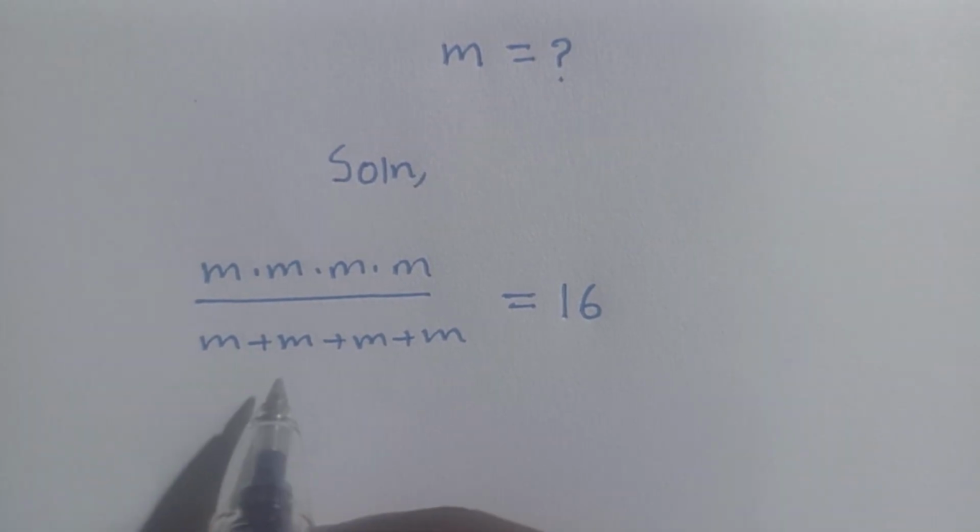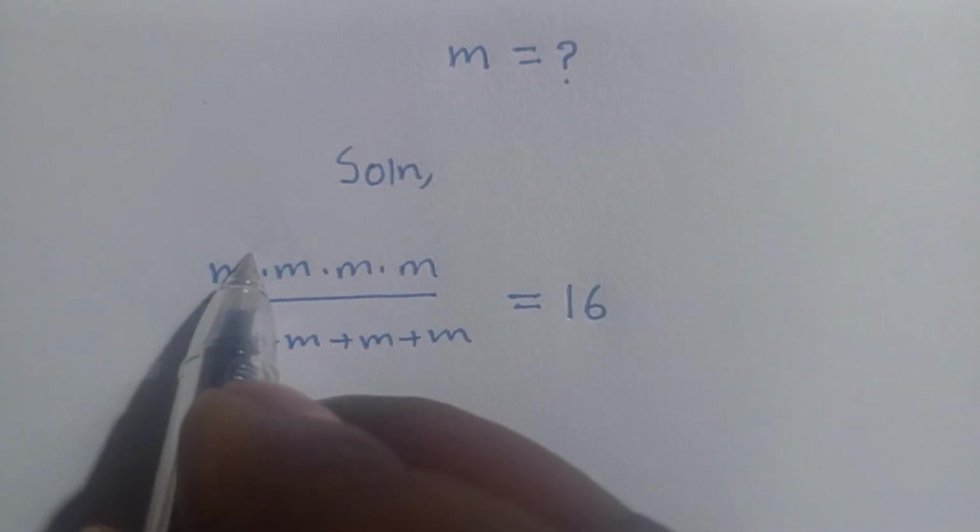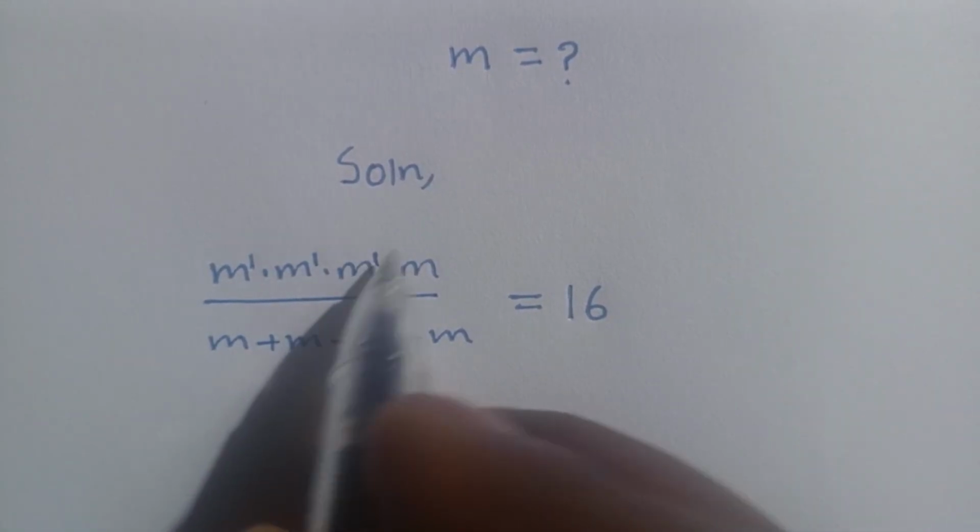Then m times m is m to the power 1, power 1, power 1, power 1.